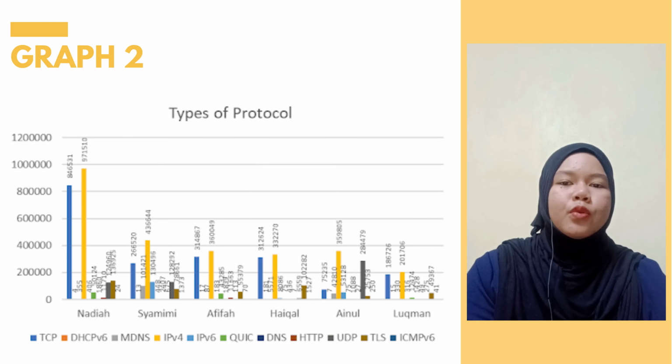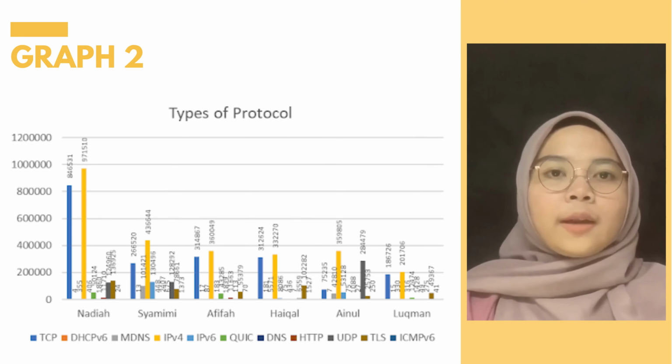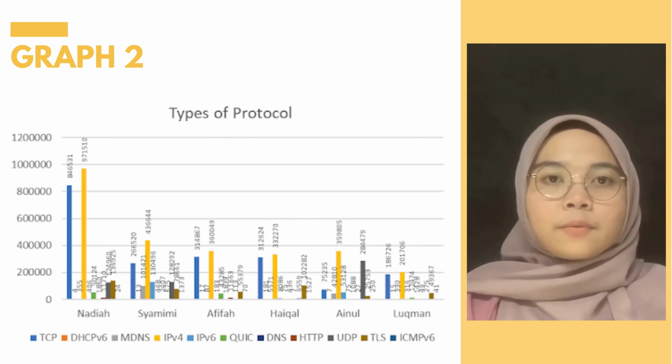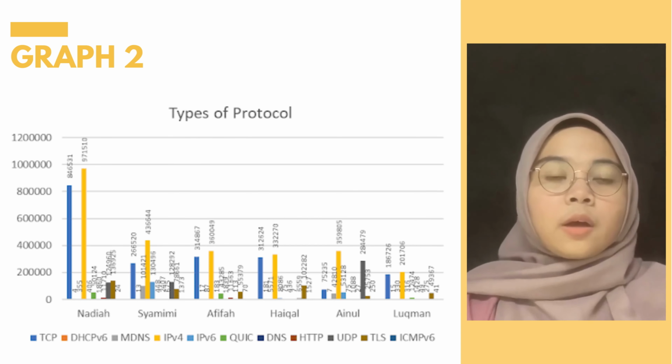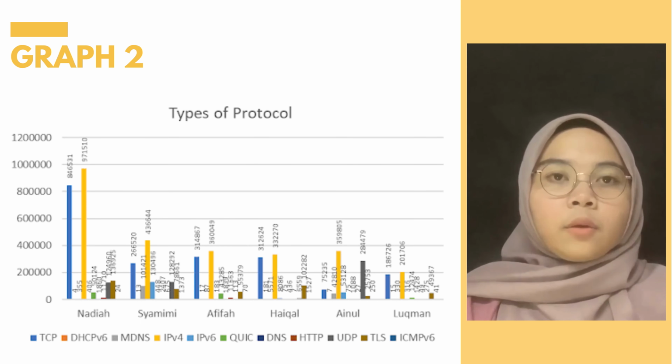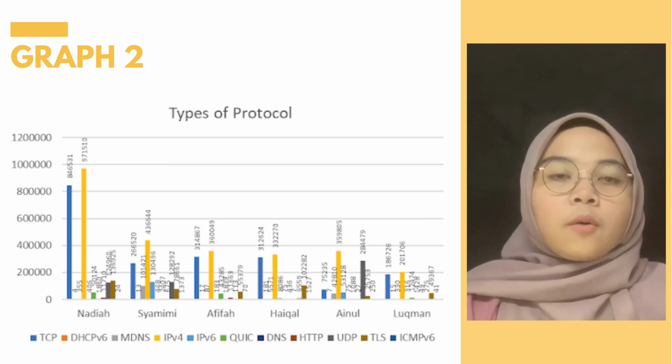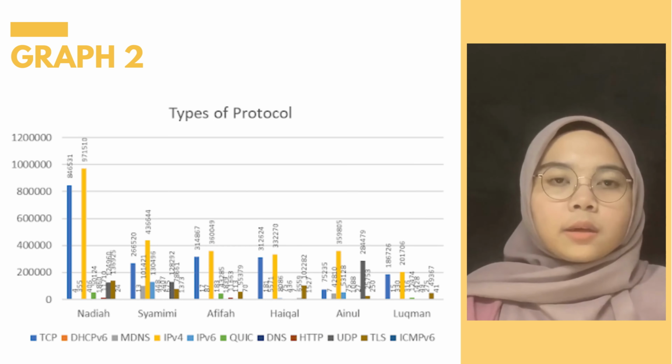Next, for the QUIC, Nadia has the highest packet count, which is 50,124, while Lukman has the lowest, which is 12,474. For DNS, Shamimi gets the highest value rate at 2,407, and the lowest value rate is Haikal with a value of 436.